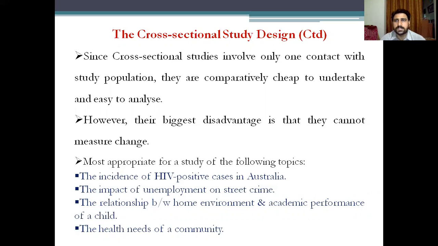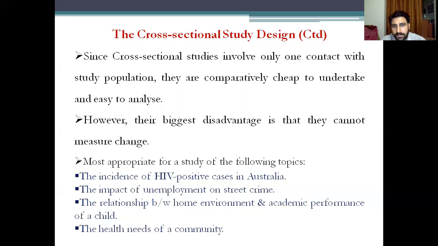For example, incidence of HIV positive cases in Australia. You just want to look at a specific time point, let's say in 2020, what is the incidence of HIV positive cases over there right now. So that's a cross-sectional study design. The impact of unemployment on street crimes.